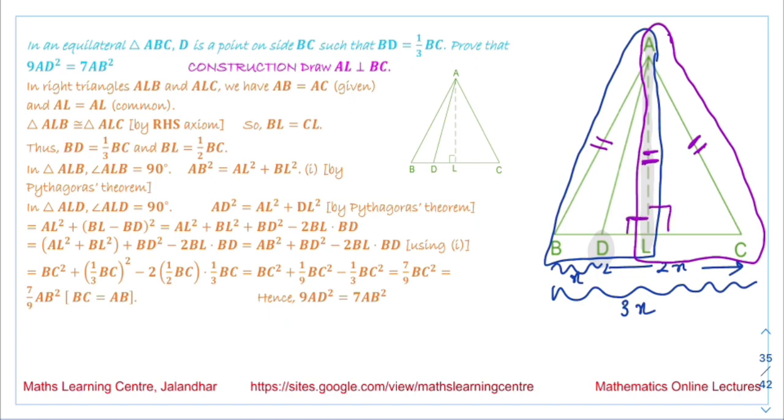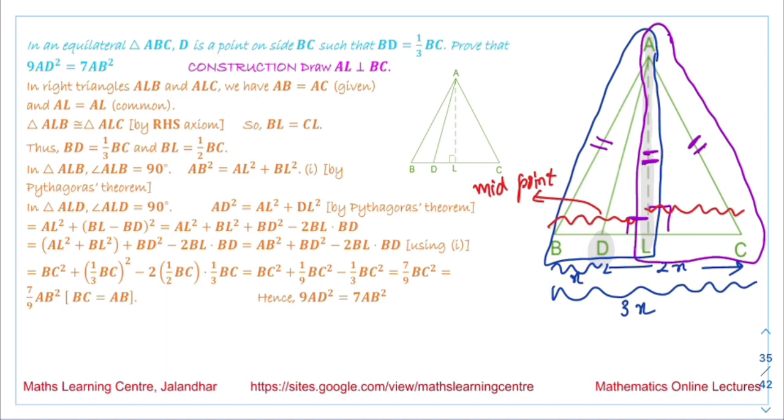So both these triangles are congruent to each other. So this point L is the midpoint, and the lengths BL and LC are equal to each other.